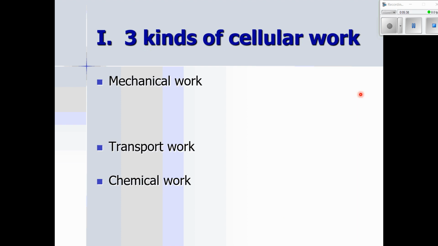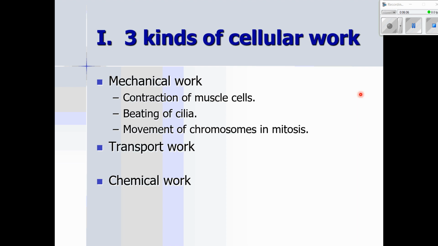Okay, so why do we need ATP? Why do cells need energy? Cells need energy to do work. And there are three general categories of work that takes place inside cells. The first is called mechanical work. This is physical labor. This is where something inside the cell is moving or being pushed or pulled.